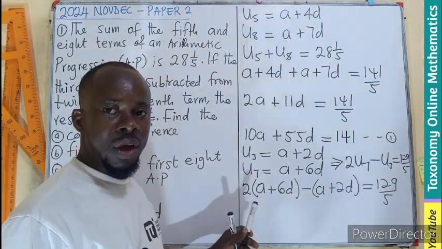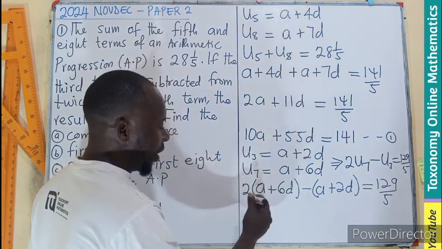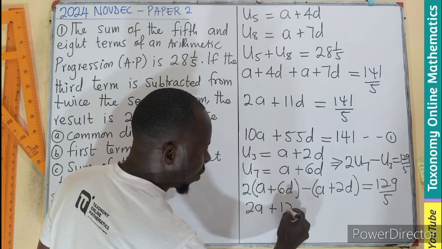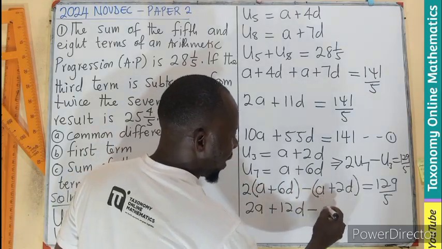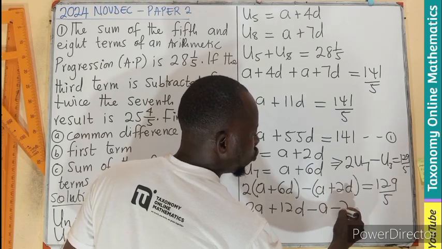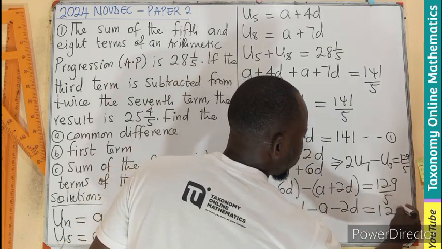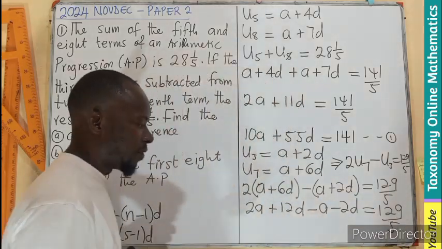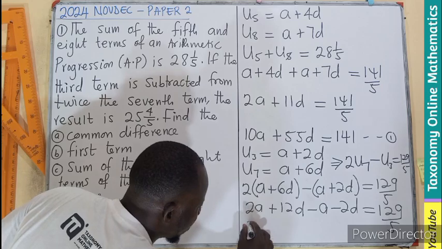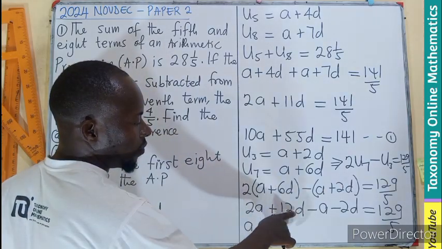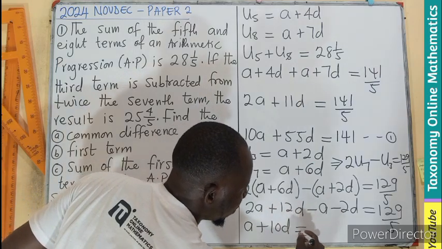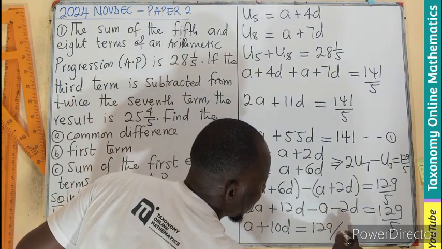Expanding the bracket further gives 2A plus 12D minus A, and there is a minus 1 here, so this also becomes minus 2D, still equals 129 over 5. 2A minus A gives only A, and 12D minus 2D gives 10D, still equals 129 divided by 5.